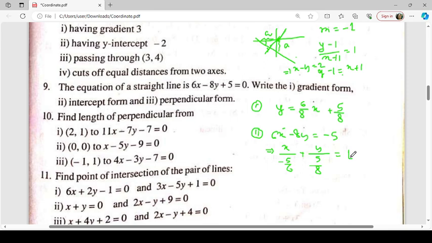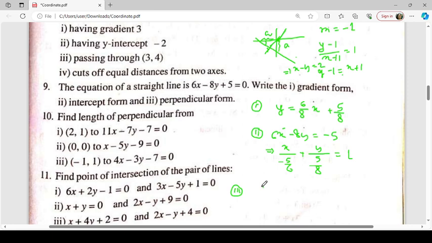Then number 3 is the perpendicular form. For the perpendicular form we need to divide by root over a square plus b square. A is 6 here and b is minus 8, and the right hand side should be the constant.